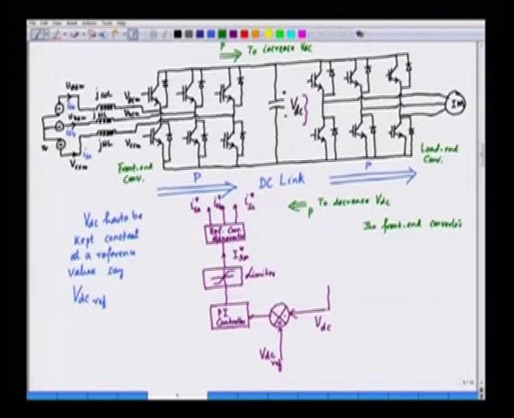We can say that the front end converter should have bidirectional power flow capability.